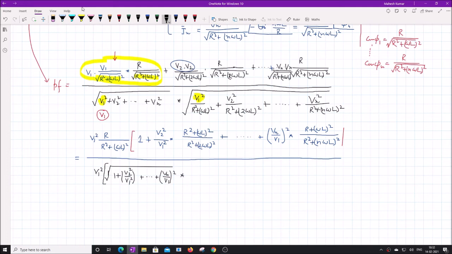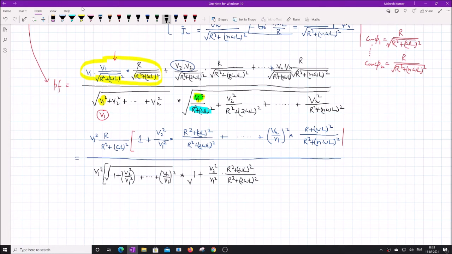into, now this has been taken outside and this has been taken outside. So we finally have here 1 plus V2 by V1 square into R square plus omega L square by R square plus 2 omega L square.